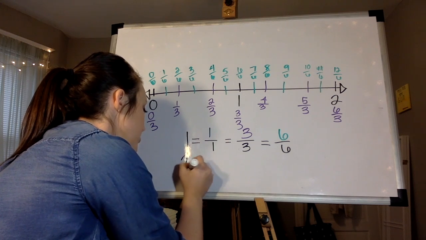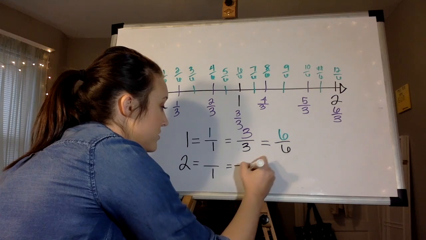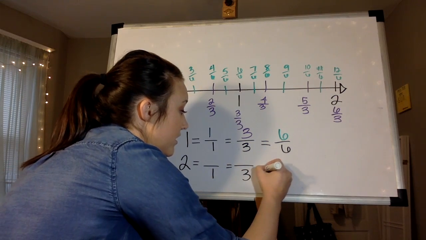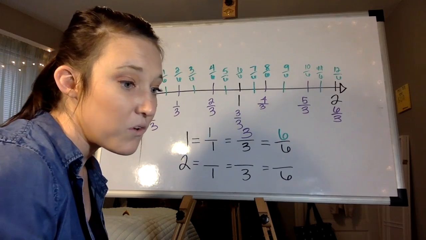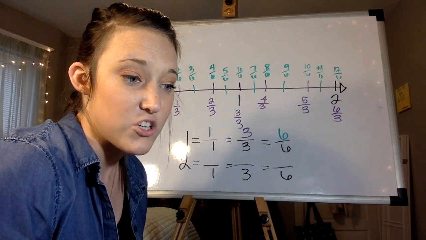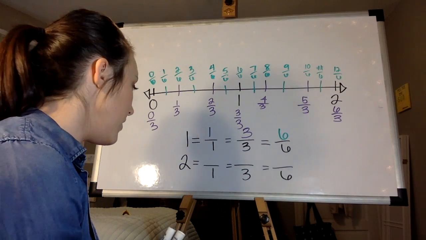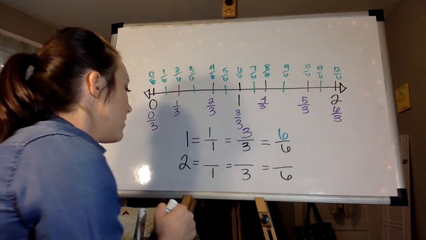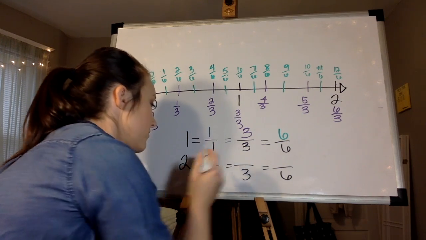So I've got my 2 equals something over 1, equal to something over 3, equal to something over 6. Okay? Well, again, back at that first example, 2 wholes divided into 1 equal part can be written as 2 over 1. Okay? That's what we have right here. We've got 2 over 1.